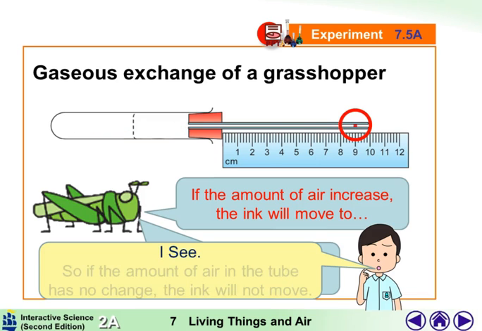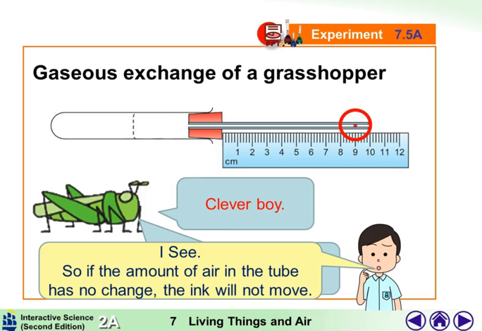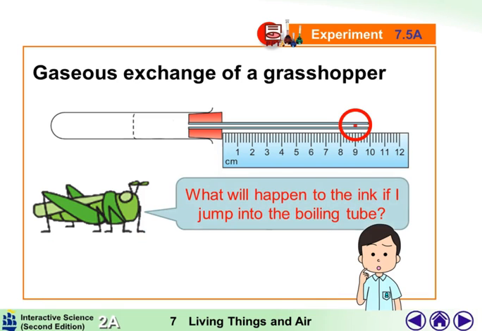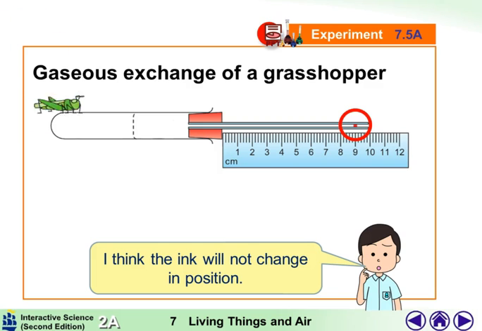I see. So, if the amount of air in the tube has no change, the ink will not move. Clever boy. What will happen if I jump into the boiling tube? I think the ink will not change in position.